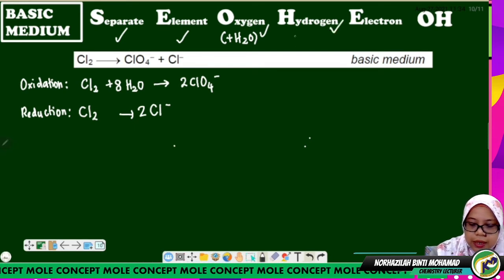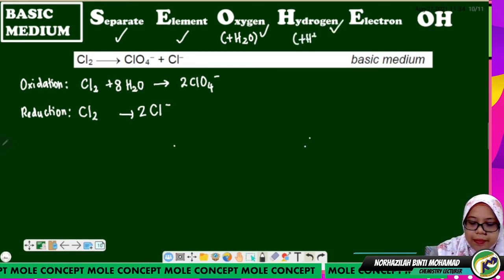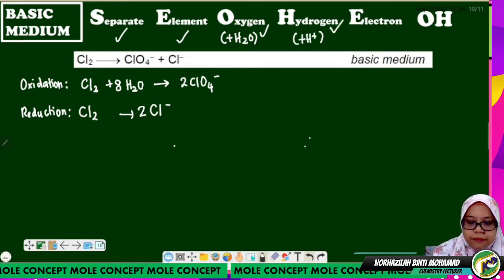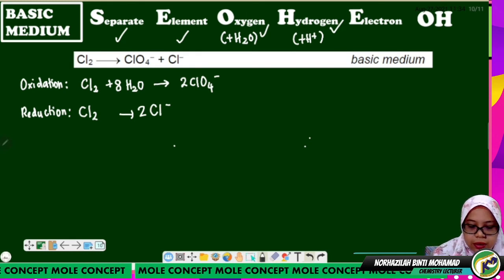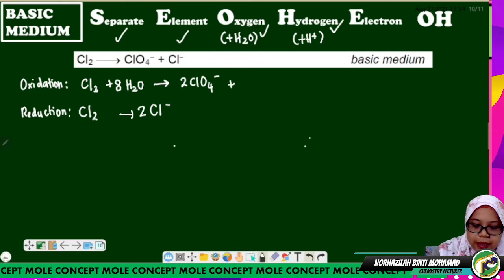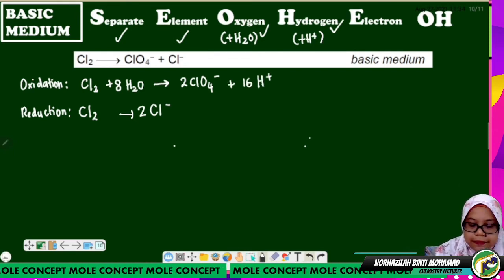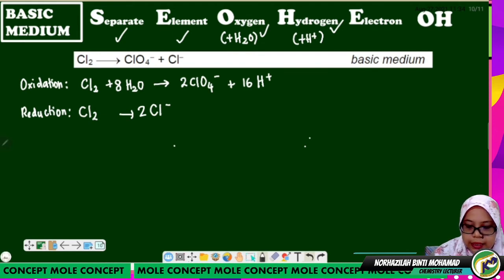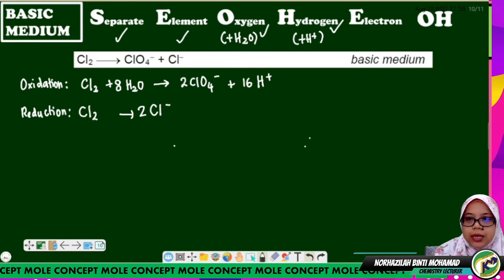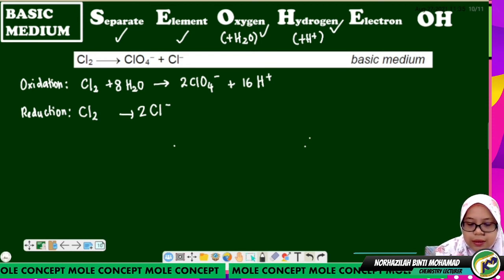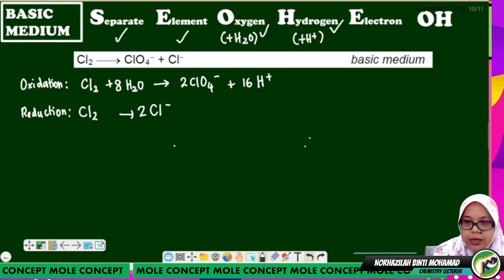For hydrogen, I need to add H plus. On the product side there is no hydrogen, so I need 8 times 2 is 16 H plus. Okay, 16 H plus. So for the reduction equation, no H, so no need to adjust the equation.